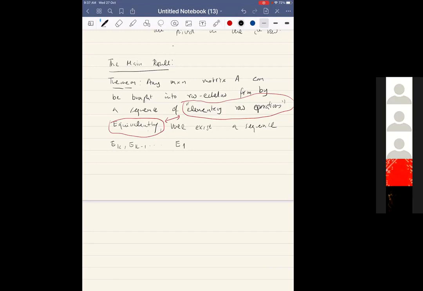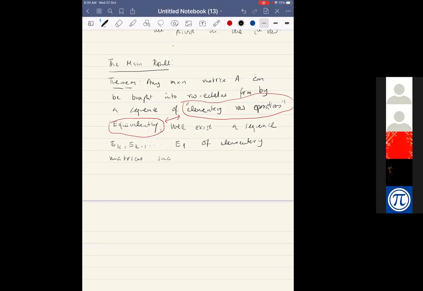There is a reason I am writing the sequence in reverse order, of elementary matrices such that A prime, which is by definition Ek into Ek minus 1 ... into E1 into A, is in row echelon form.